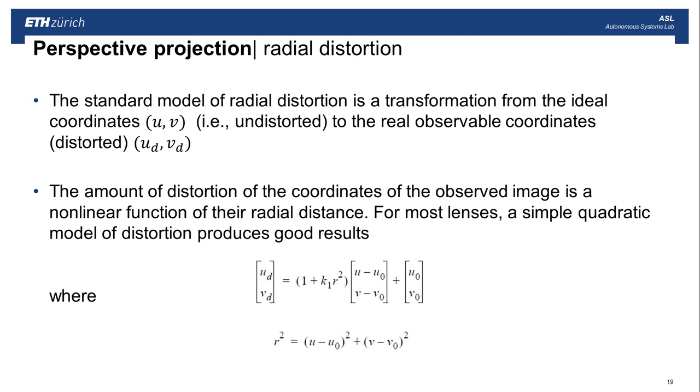This model uses only a single distortion parameter, which is here denoted with K1. This parameter is also an intrinsic parameter, and together with the other intrinsic parameters alpha, u0, and v0, can be determined through a calibration procedure that we will see in the next segment.